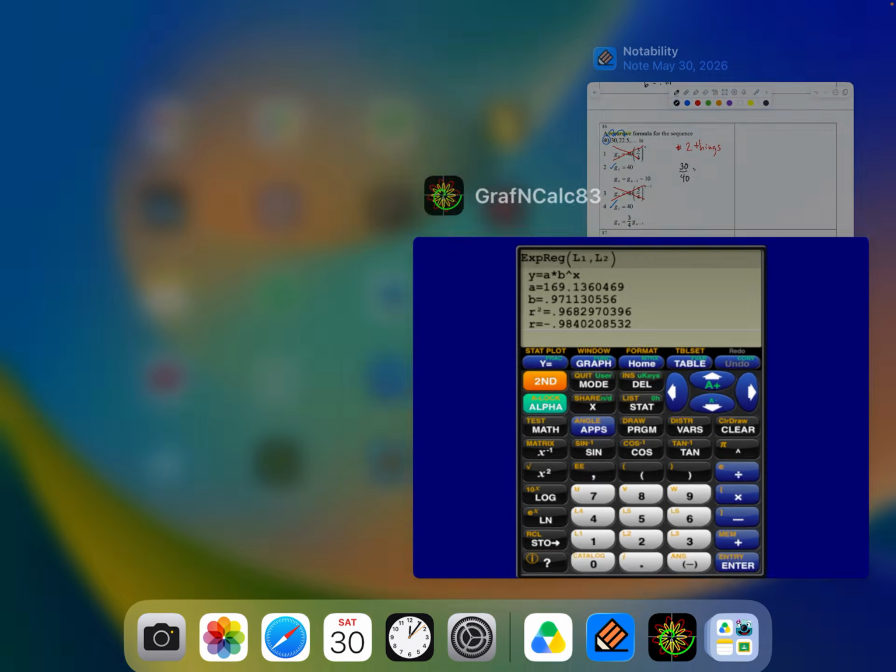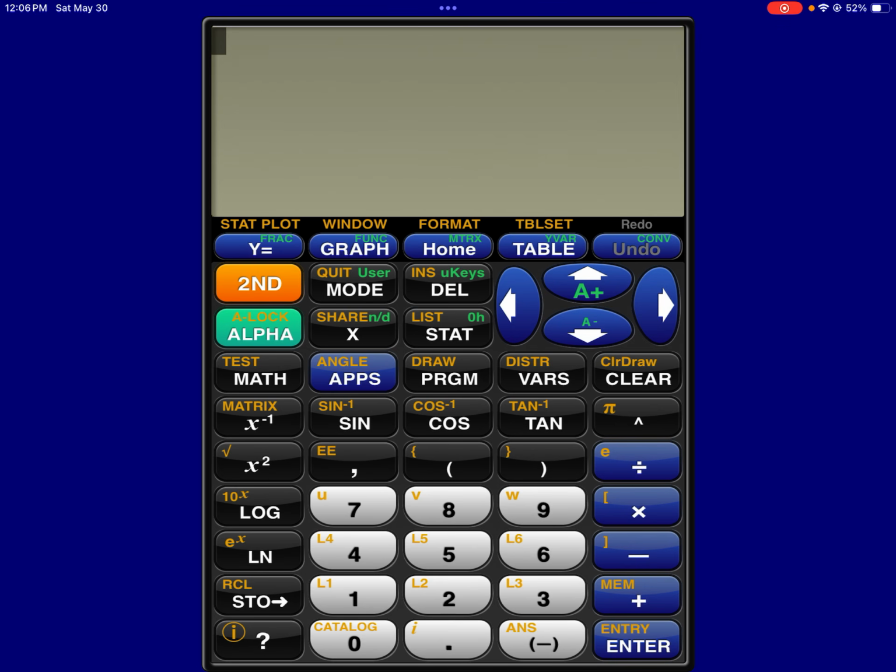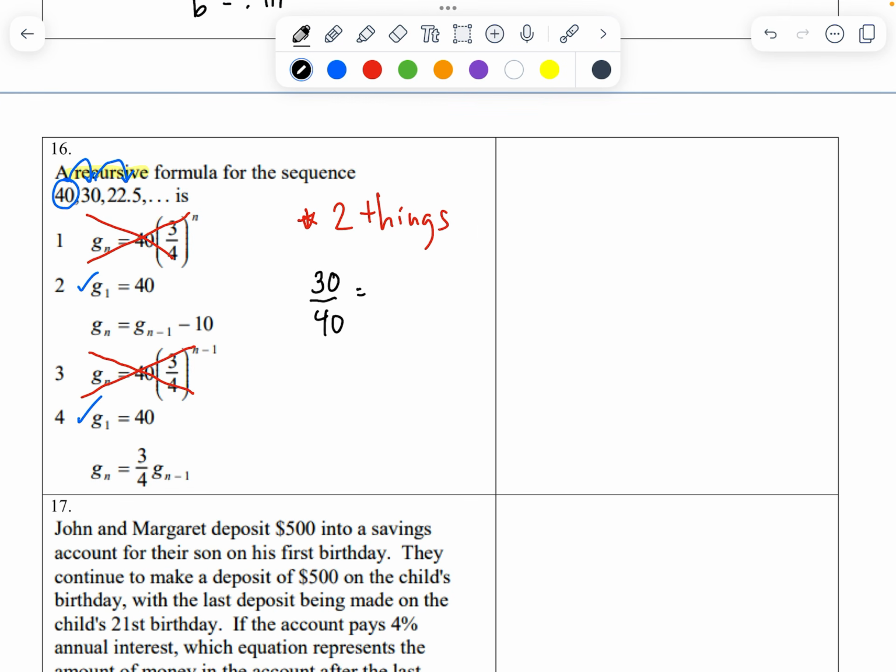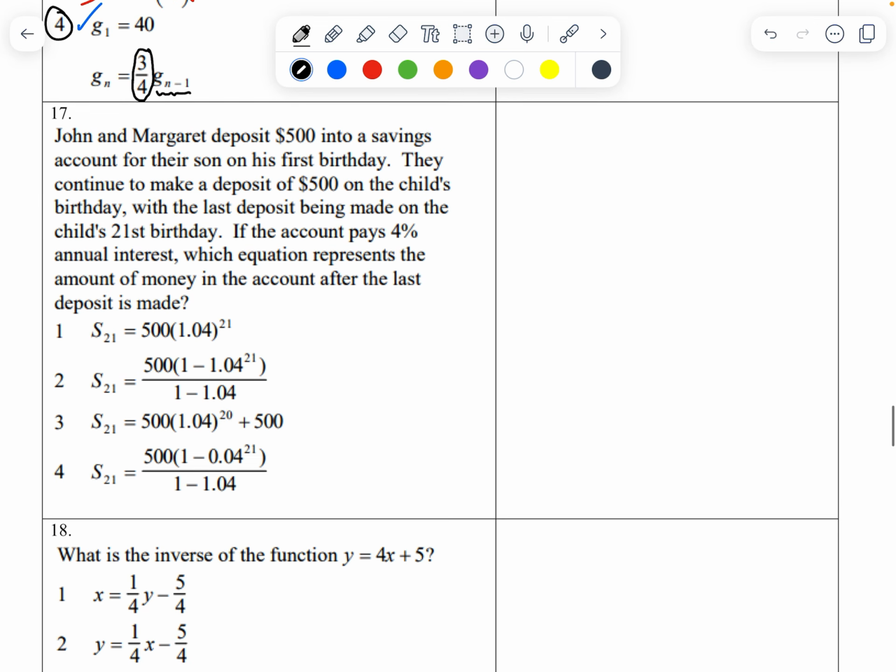So if I go ahead and do 30 divided by 40, it's 0.75, and 0.75 is equivalent to 3/4. So if you look here, there's 3/4, and this just means the term in front of it, so therefore 4 is the correct answer.